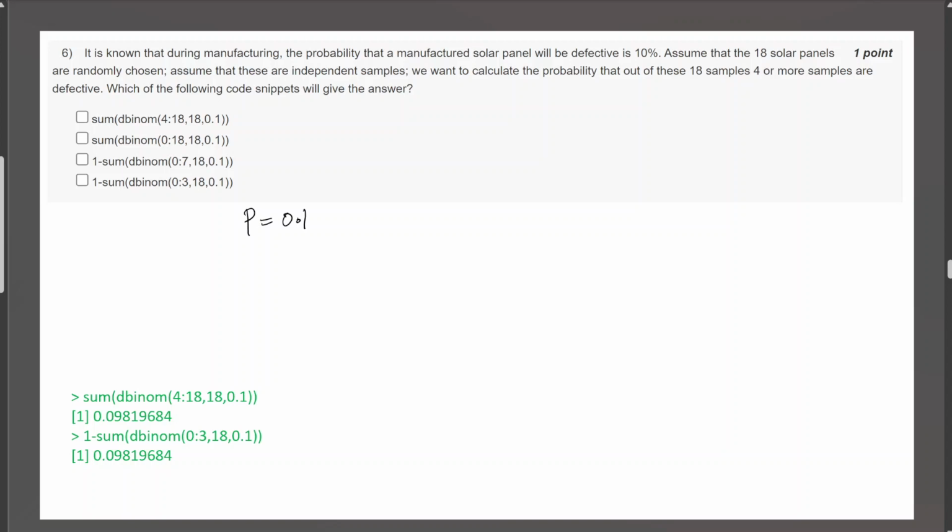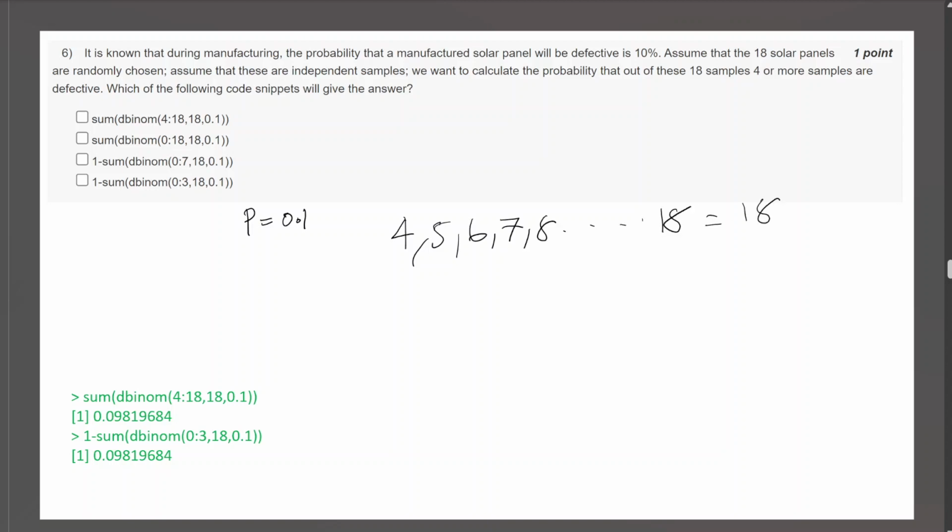So we need to find the probability that at least 4 samples out of 18 are defective. At least 4 includes 4, 5, 6, up to 18.